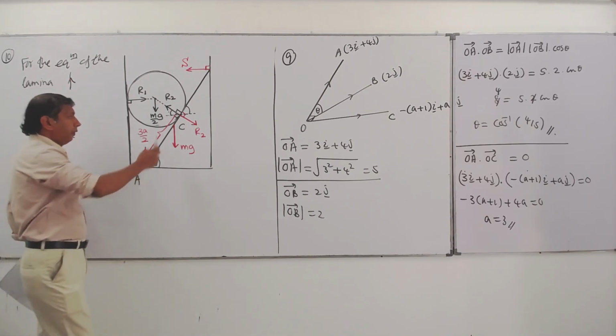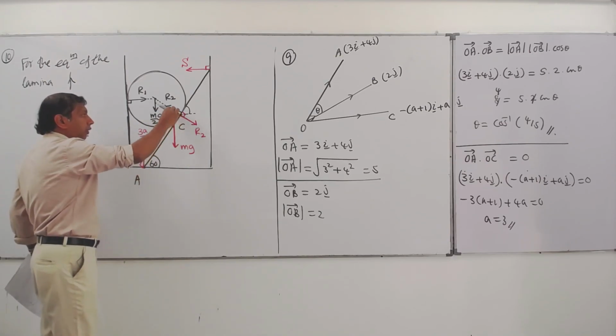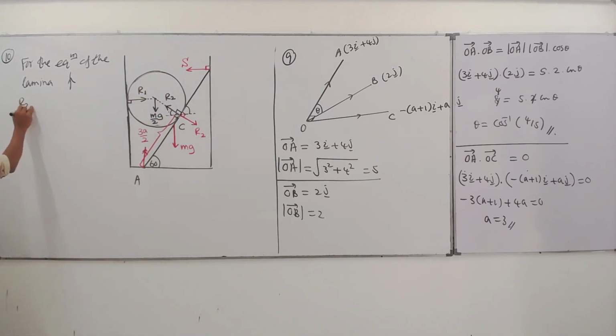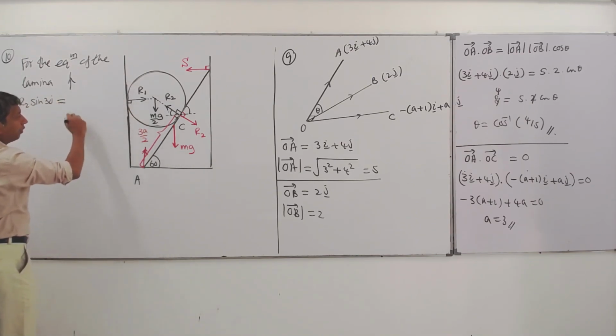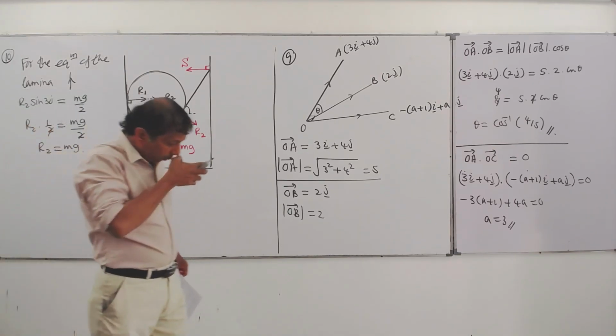What do you get? Here 30. Correct, no? This is 60, this is 30. Then R2 sine 30 equals the downward force. This R1 horizontal is not giving any vertical force. mg by 2. Sine 30 is half, people. Then you can cancel down like this. R2 is mg.